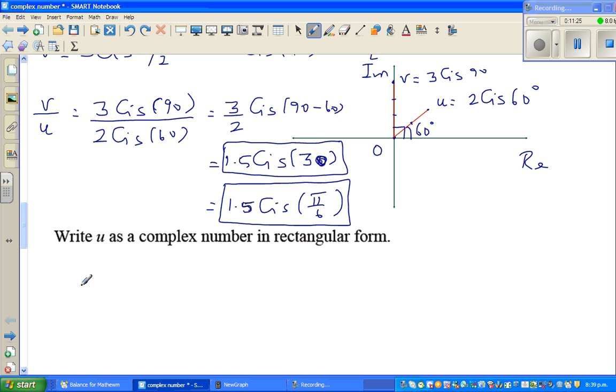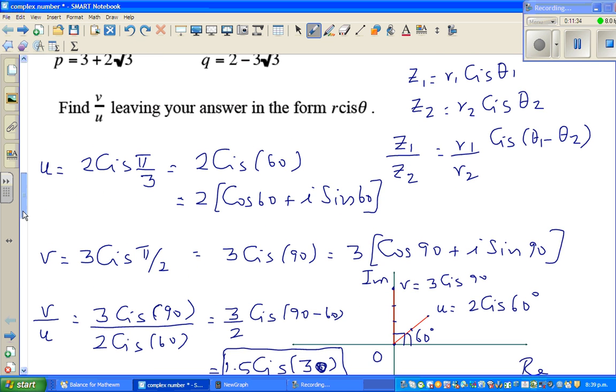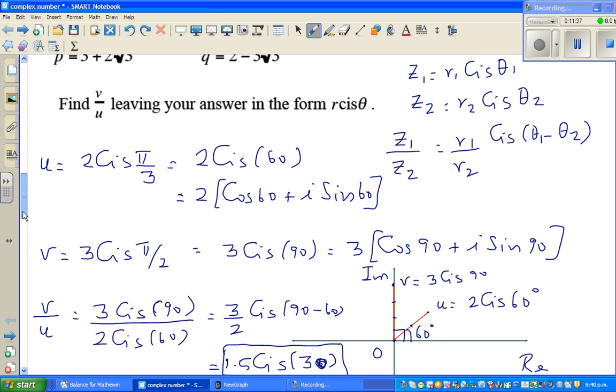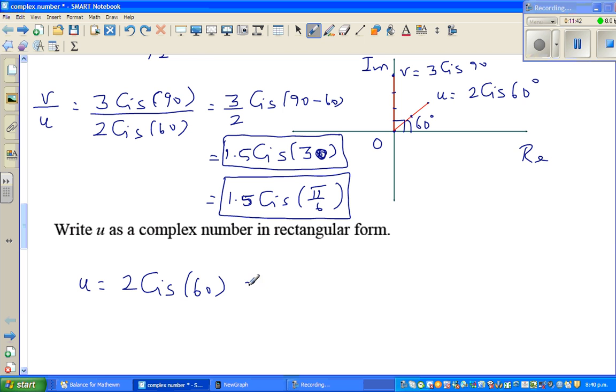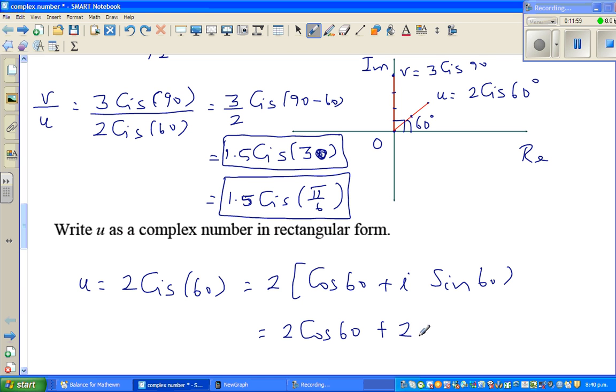Now u we know is 2 cis 60. The question is to write it in the rectangular form. So u is nothing but 2 times cos 60 plus i sin 60, so this is 2 cos 60 plus 2i sin 60.